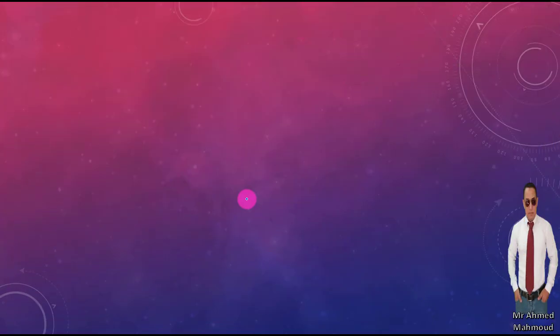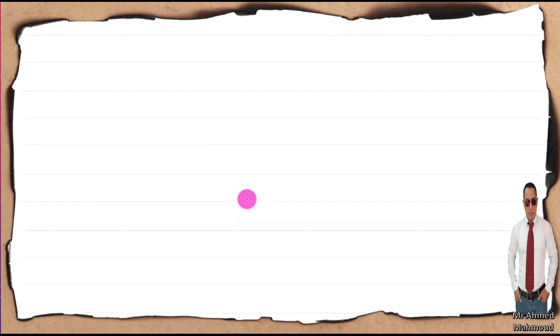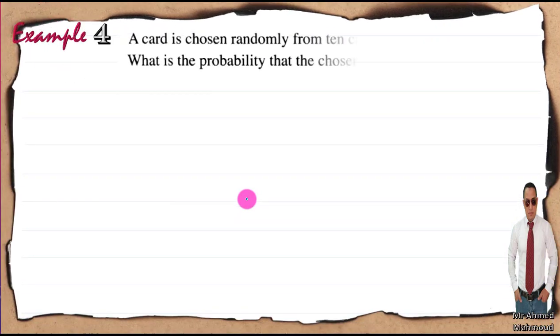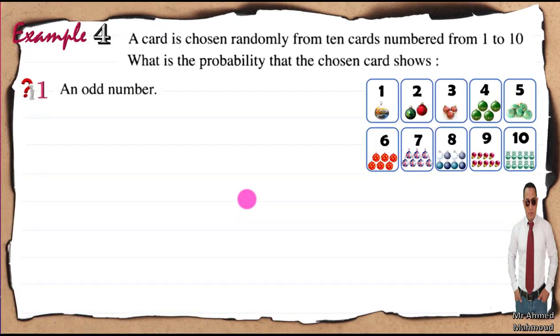The next example. A card is chosen randomly from cards numbered from 1 to 10. We have 10 cards. What is the probability that the chosen card is an odd number? The odd numbers are 1, 3, 5, 7, and 9.